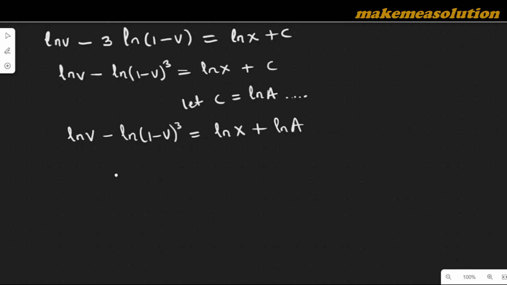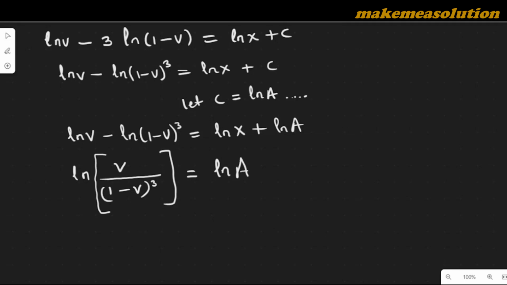Like see now, making it ln a makes it easy for me to apply some laws of logarithm in this place. On the left hand side we'll have the quotient law of logarithm laying out, while on the right hand side we'll have the product law of logarithm playing out.